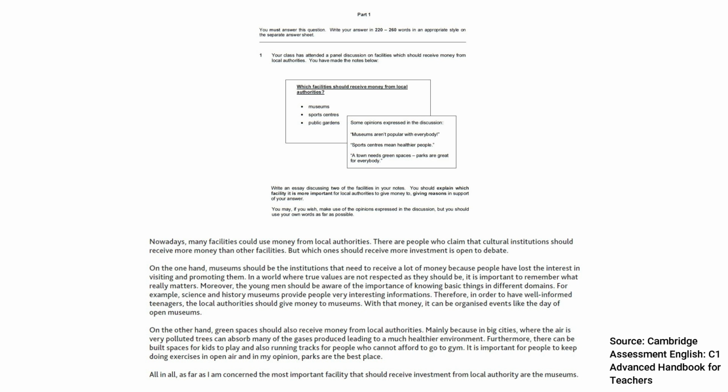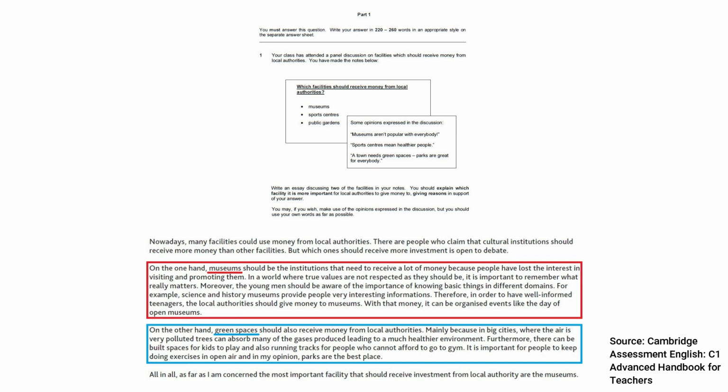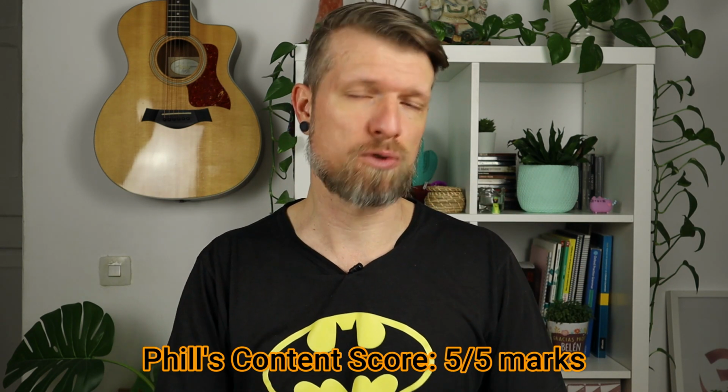They choose 2 facilities, museums and parks, describe in detail and with good reasons why each one should receive the funding, and decide in the final sentence that museums are more deserving of the money. Everything that the task asks for is in this essay. So I would give the task a full 5 marks for content.